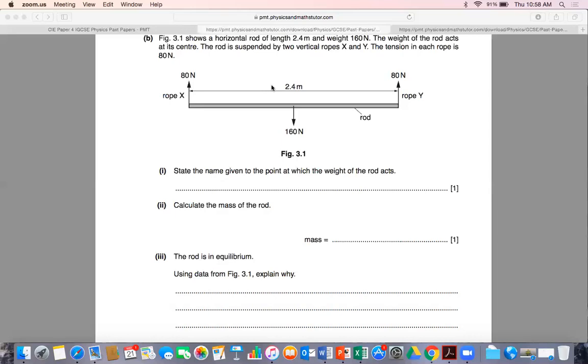So the first point you want to state is that there is no resultant force. Continue by saying rope X is 80 Newton, rope Y 80 Newton, and together they equate to 160 Newton, which is the weight of the rod. This explains why there is no resultant force.